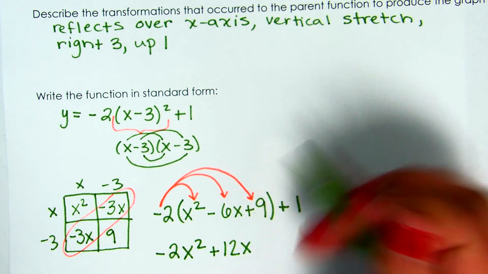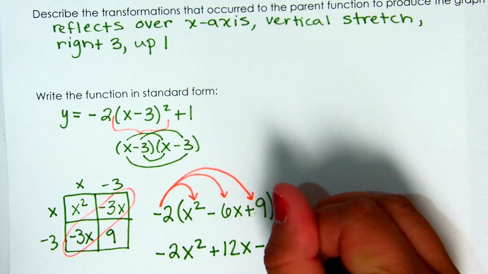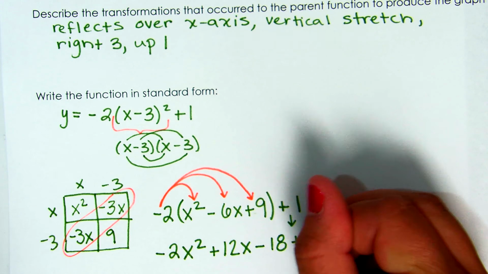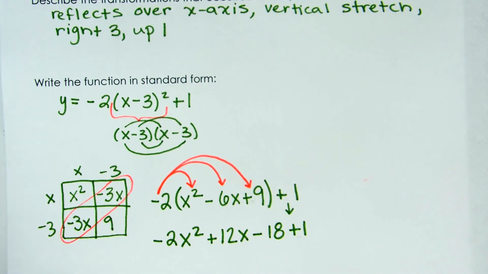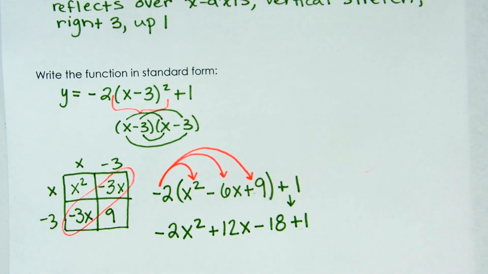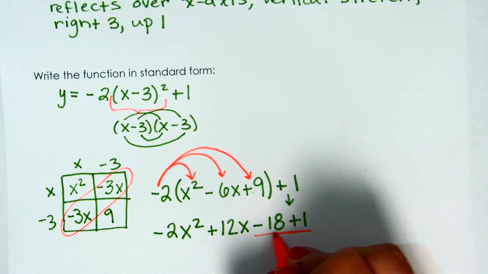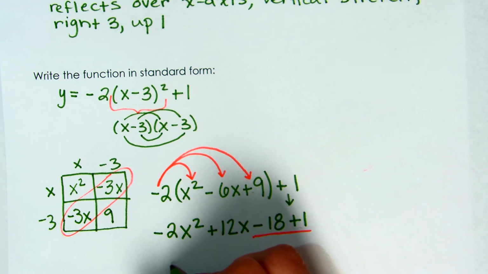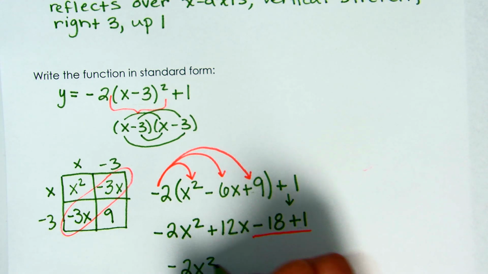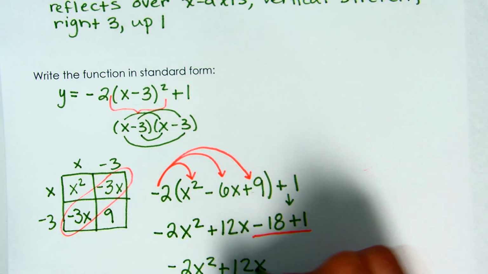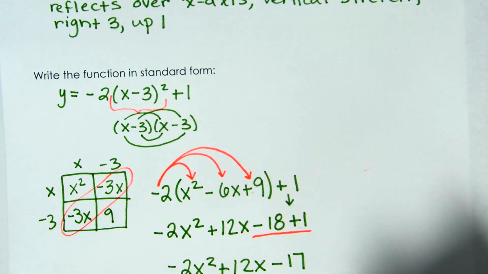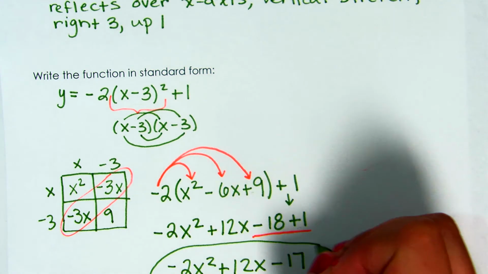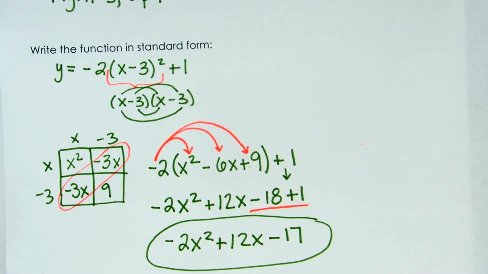And negative 2 times 9 is minus 18. Then I bring down this plus 1 because I haven't used it yet. And I have to combine like terms here. Negative 18 plus 1. So I have negative 2x squared plus 12x minus 17. And that is my equation in standard form.